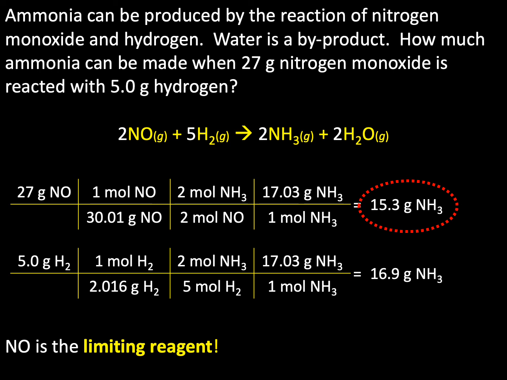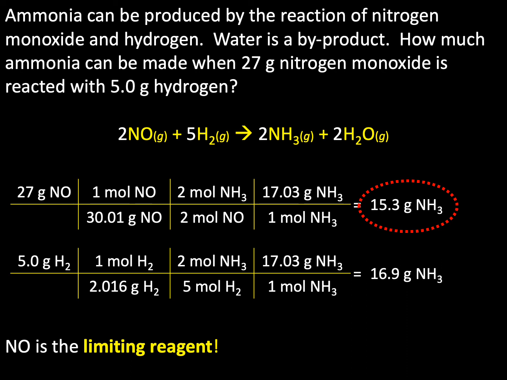So the calculation here on the bottom is a meaningless number now because we don't have enough NO to make that amount of ammonia, but we had to do the calculation in order to find that out. Now, in terms of sig figs, we would report our answer as 15 grams of ammonia because we only had 27 grams of nitrogen monoxide.